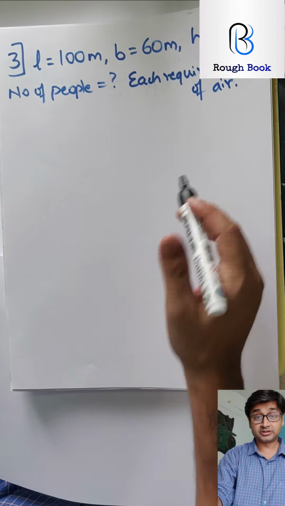So length is 100, breadth is 60 and height is 15 by 150. So 0 cancels, 15 cancels, 600 persons can fit in the hall. So in the end, write it in the statement form. Therefore 600 people can be accommodated in the hall.